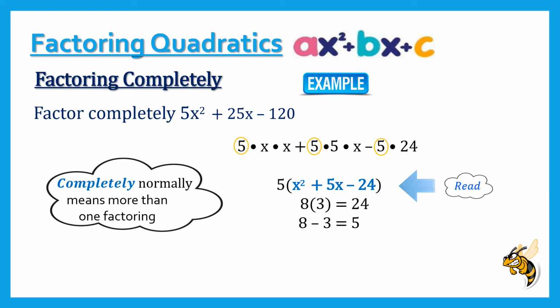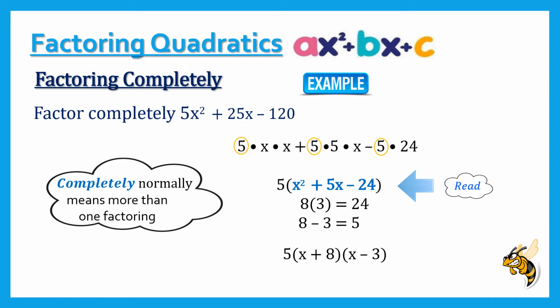Since it was a negative 24, that means both signs are different. And how do we know which one gets which sign? By looking at the B. In that situation, it's positive 5. So 8 being the biggest of the two factors must be positive, and automatically the 3 would be negative.